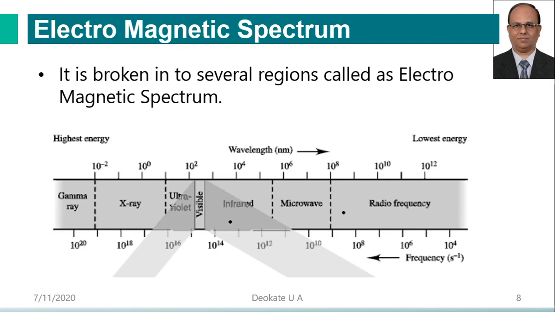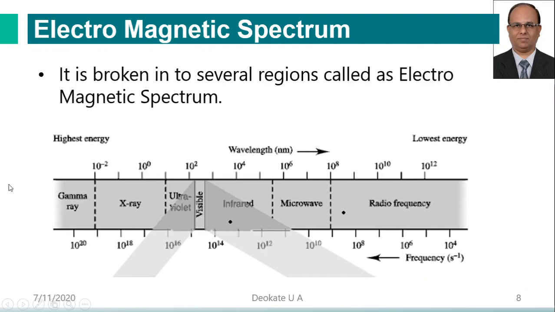You can see on this picture that as the wavelength increases, as you go towards the radio frequency region, the energy content decreases. Similarly, as the wavelength increases, frequency decreases.